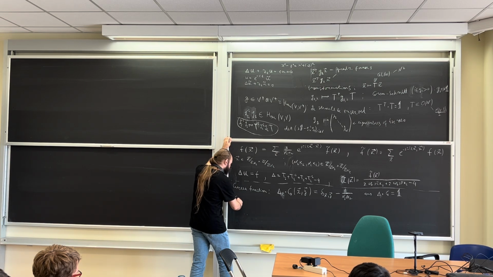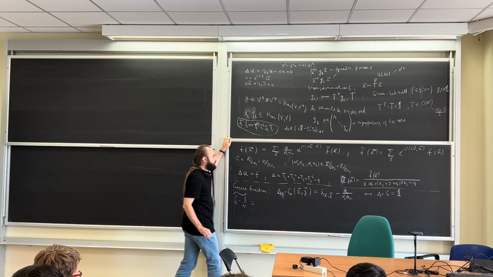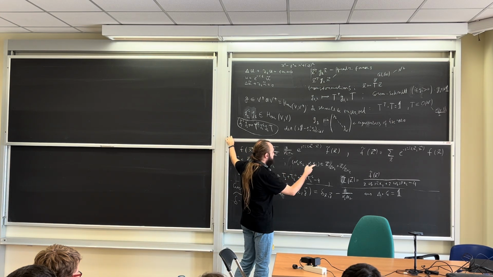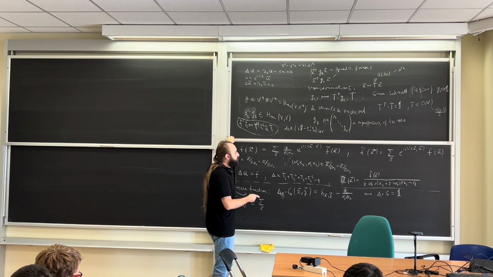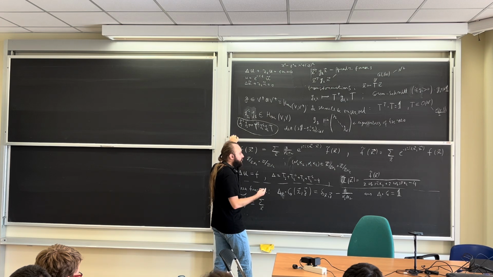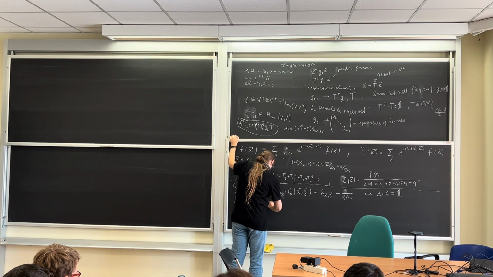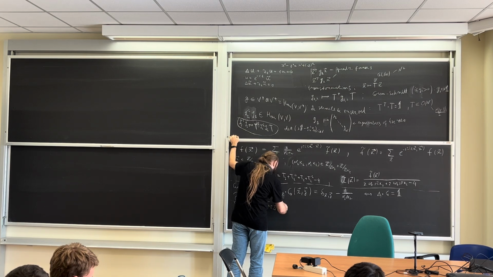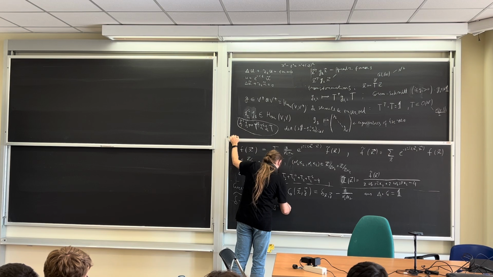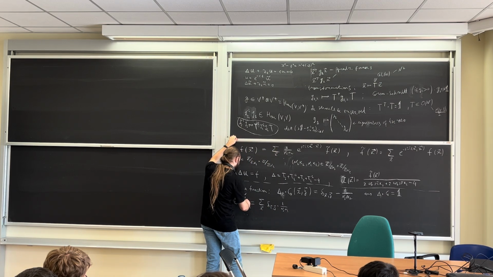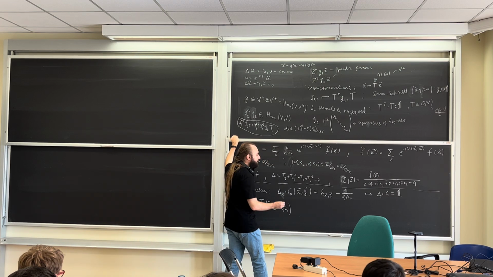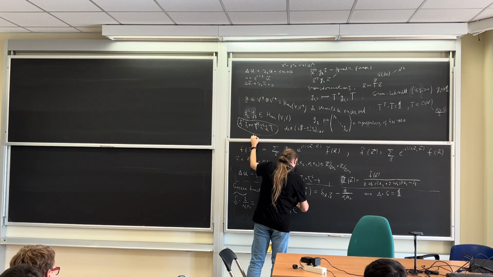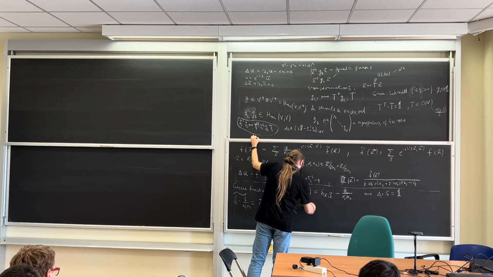So the Fourier transform of this delta minus 1 over n1 n2 is, according to this definition, a sum over x of delta x y minus 1 over n1 n2, times e to the minus 2 pi i k x.